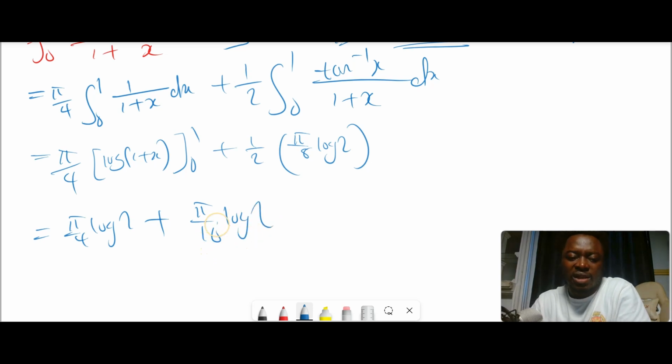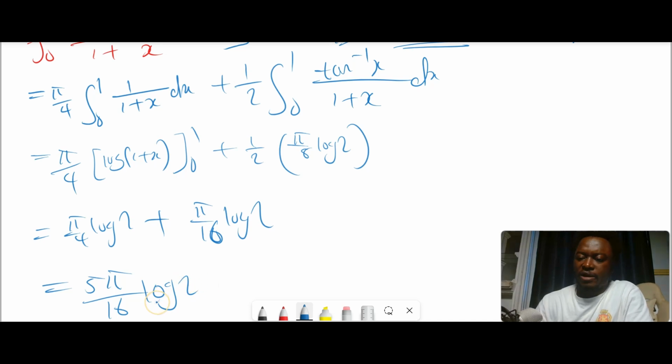So to get 16 here, you need to multiply by 4. So you have 5 pi over 16 log 2. I think, yeah, that's the answer. 5 pi over 16 log 2. That is the correct answer, which means that I'm right.